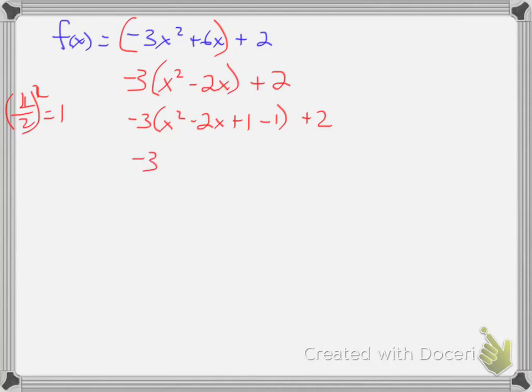But when I pull that 1 out, it's not just the 1, because this negative 1 is also being multiplied by negative 3, since it's inside that parentheses, which is why I write it in parentheses first. So it's really bringing out a negative 3 times negative 1, which makes positive 3.